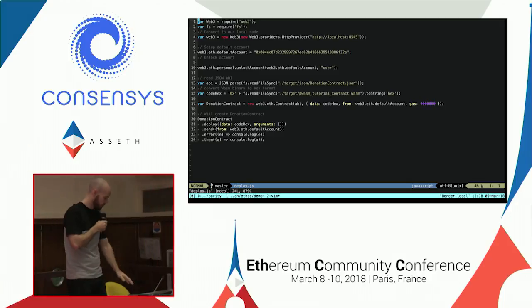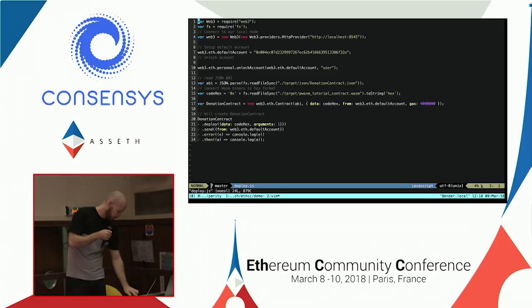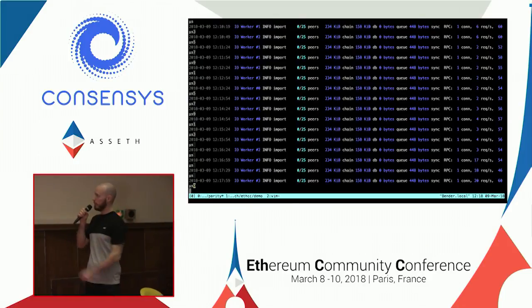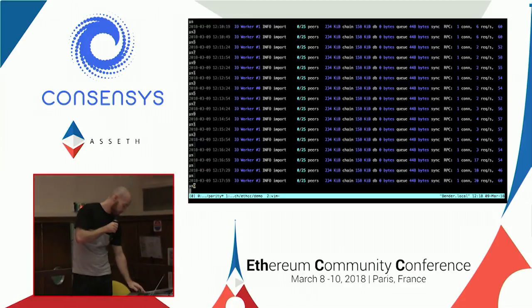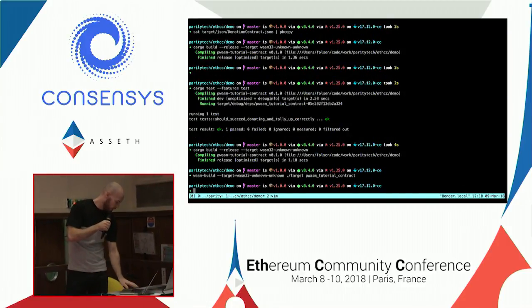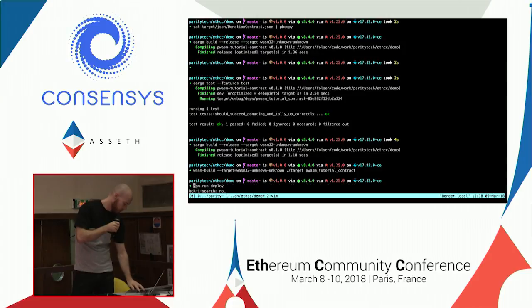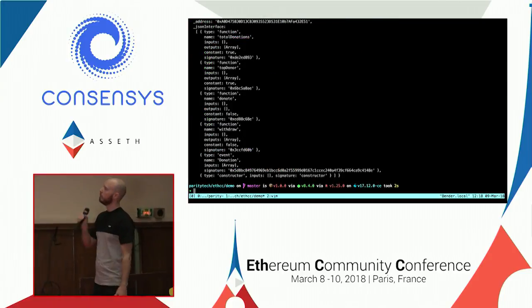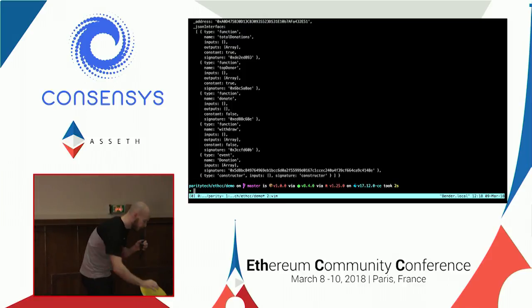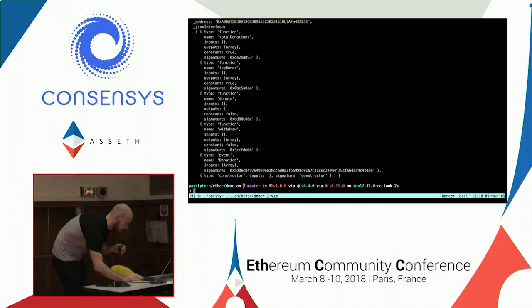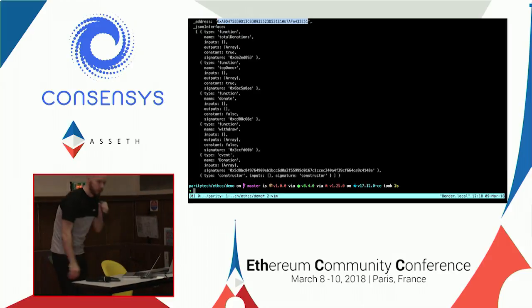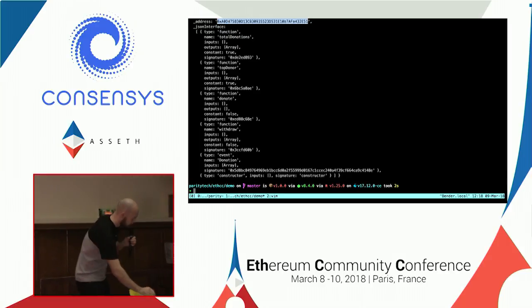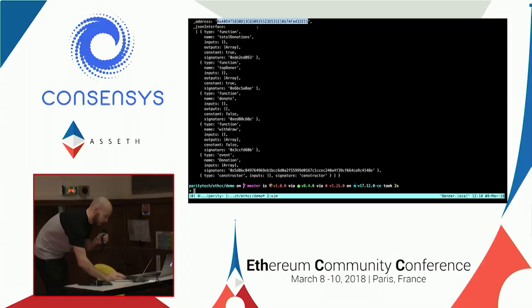And hopefully this should work. So I have a parity node running here in one of my tabs. And we can just run deploy. And it's deployed. Because it's a local development network, it just instantly deploys and instantly gets mined. So we get an address for this contract.